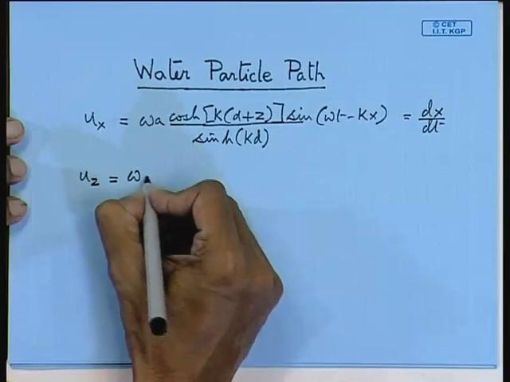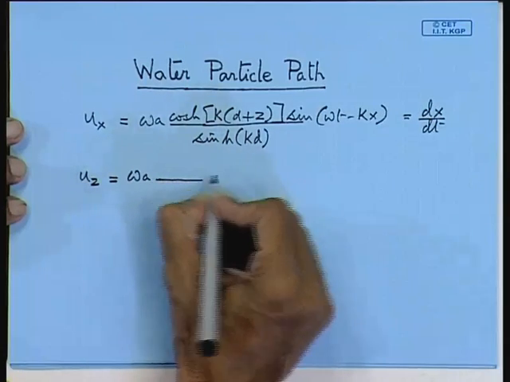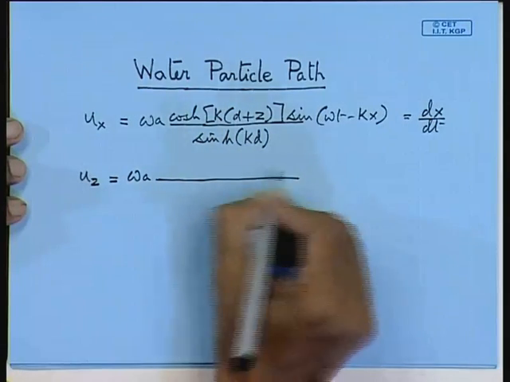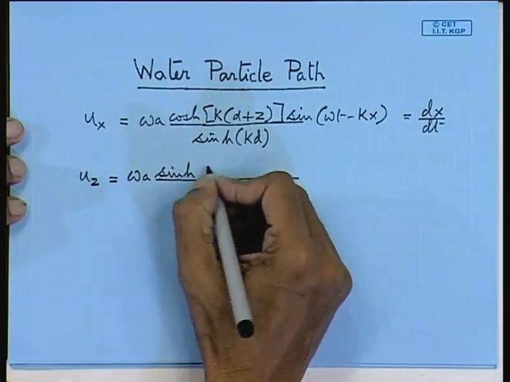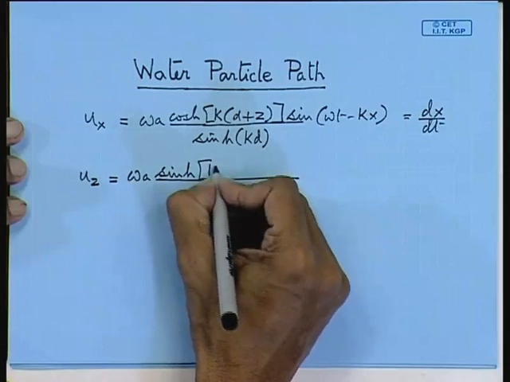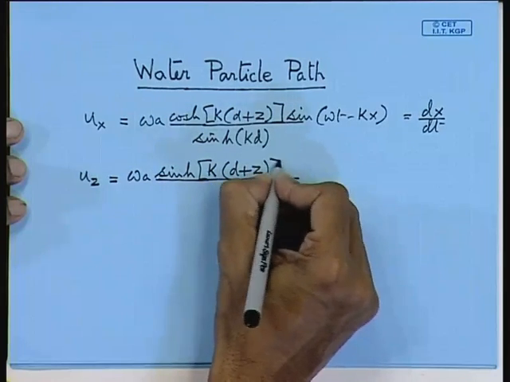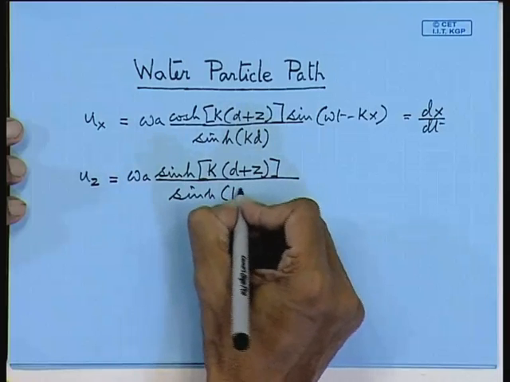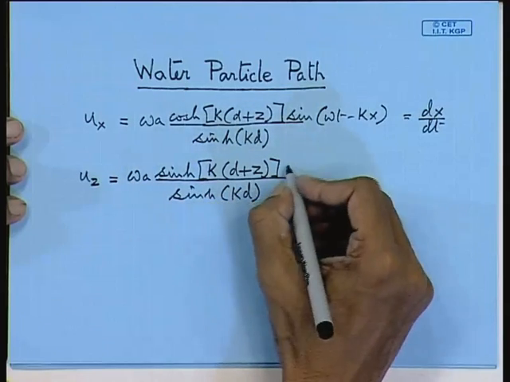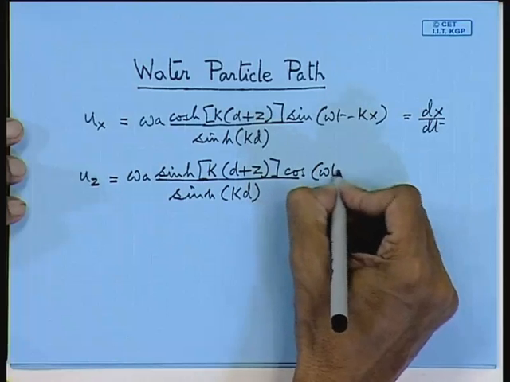This was omega a, instead of cosh you have the sinh term, k(d plus z) over sinh kd, and this is cos of (omega t minus kx).